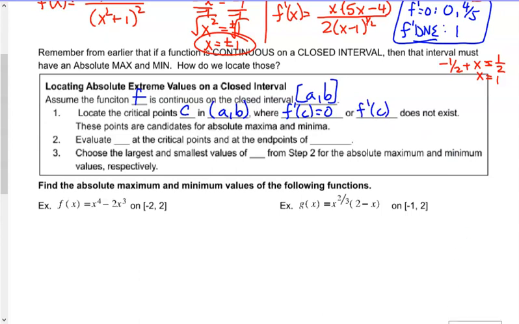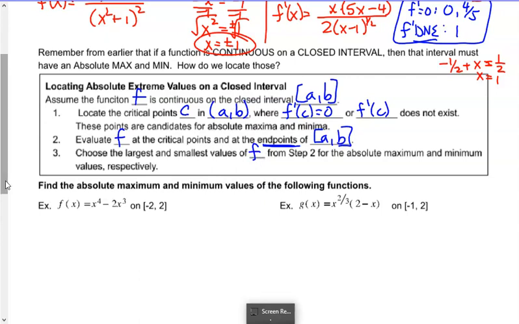Remember, those are candidates for absolute max and mins and local max and mins. Now, we are going to evaluate our function at every single critical point and at the endpoints of our closed interval. So we're going to have to include A and B. And then we're going to choose the largest and the smallest value of f from step 2 for the absolute max and min values, respectively.